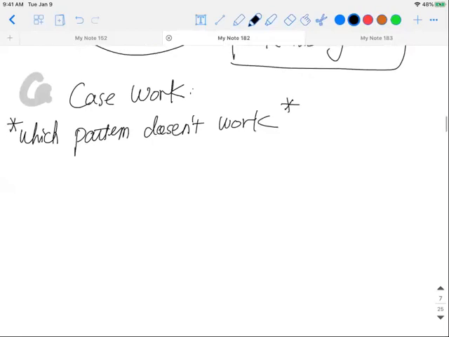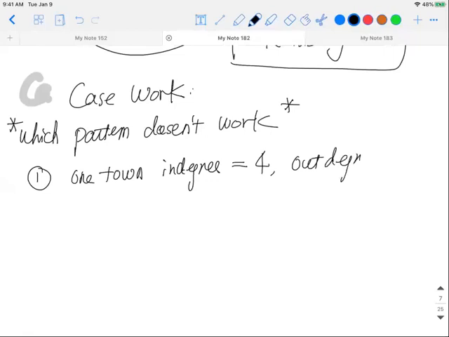So intuitively, if I have one town whose in degree is equal to 4 and out degree is equal to 0, that's pretty much what we mentioned previously. In that case, there's no way for you to traverse the whole graph.